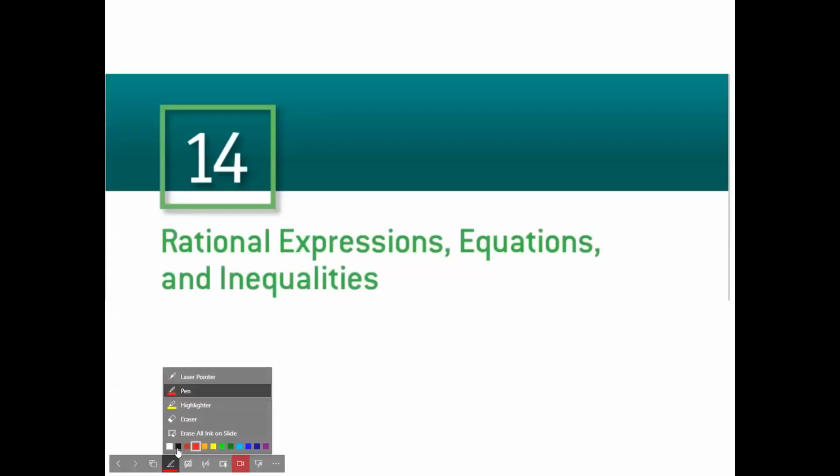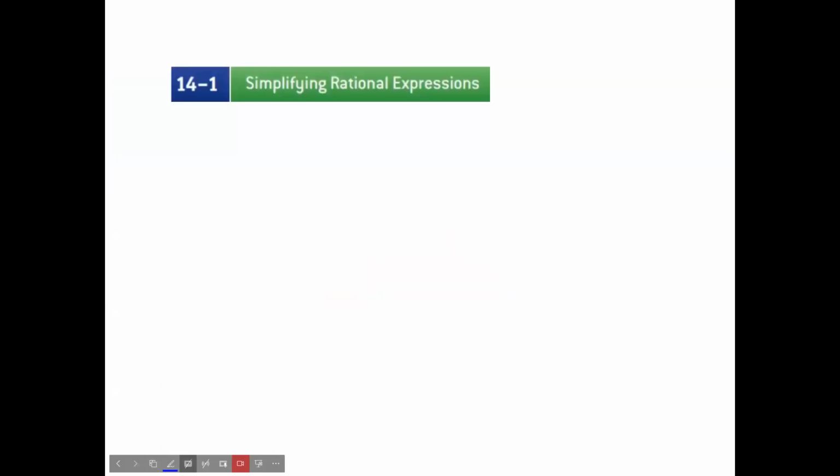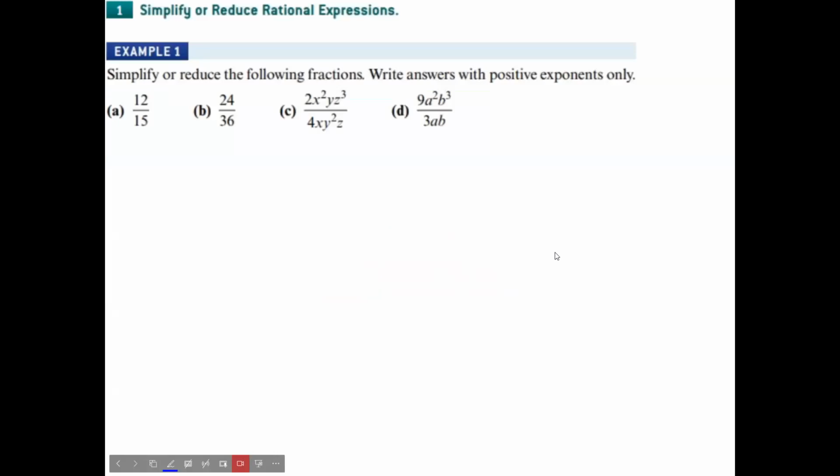See how it looks. So, simplify rational expressions. We had something like that before. So let's have a look at what it is now. If I take 12 over 15, what's the idea here?